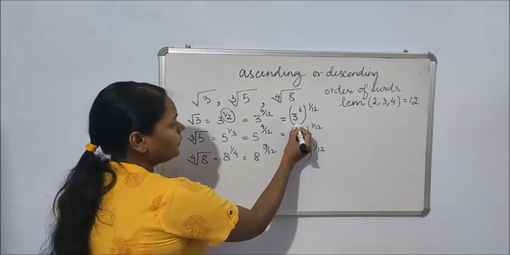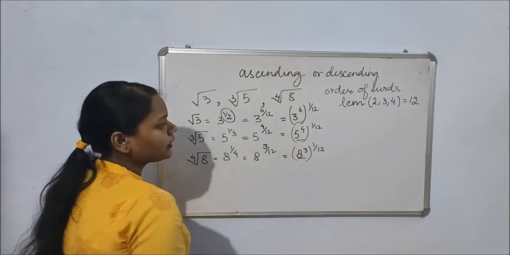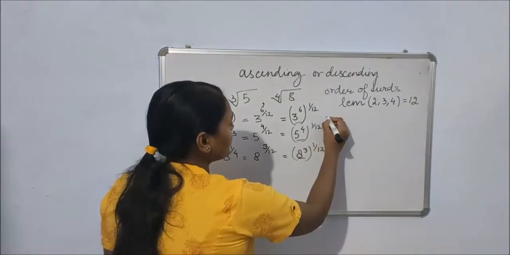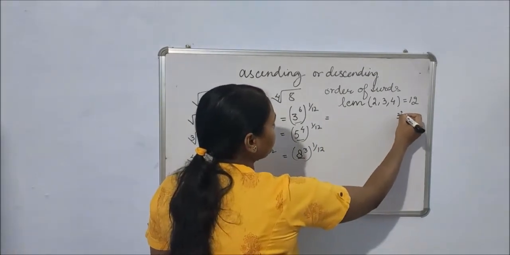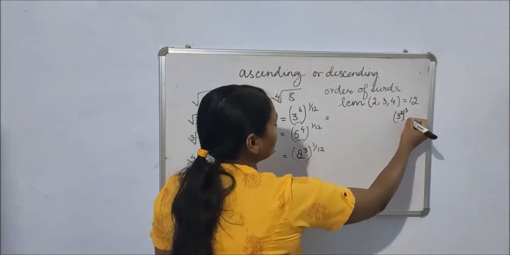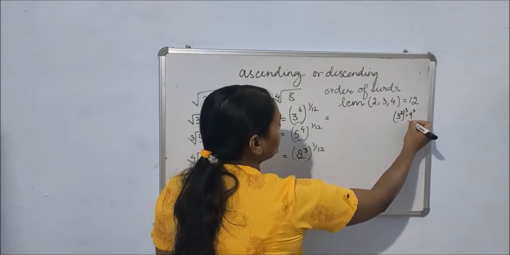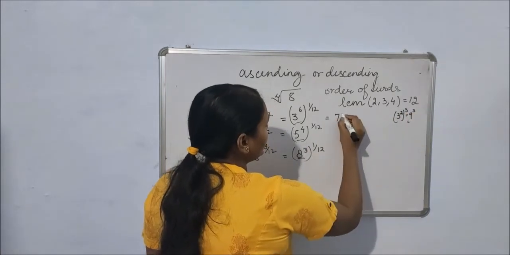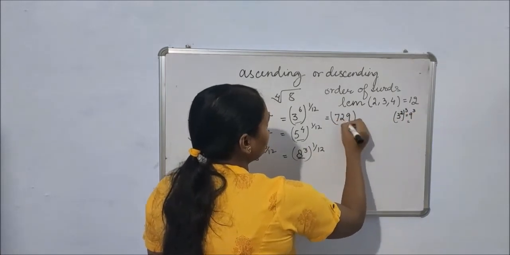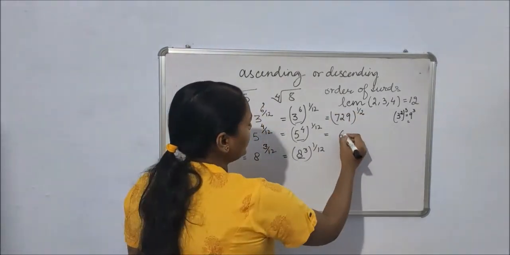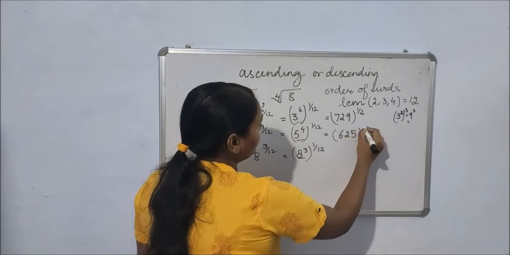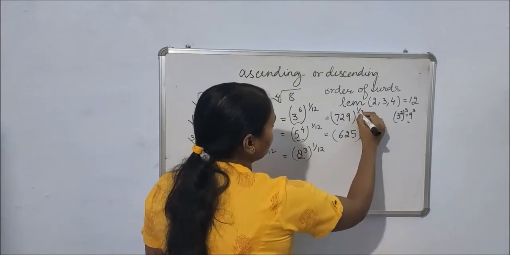Now let's evaluate these values. What is 3 to the power 6? We have 3 square is 9, so we have 9 cube, and 9 cube is 729, to the power 1 by 12. 5 to the power 4 is 625 to the power 1 by 12. Sorry, this is 12.